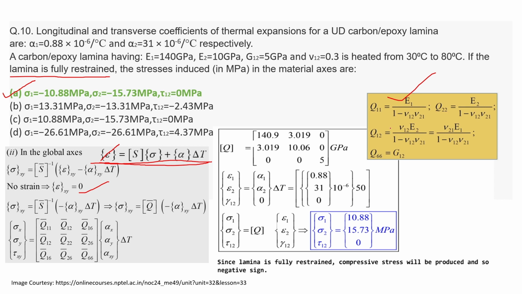Putting those values here, we can get the value of stress in the global axis, and from the global axis we can turn it to the material axis by using the transformation matrix.